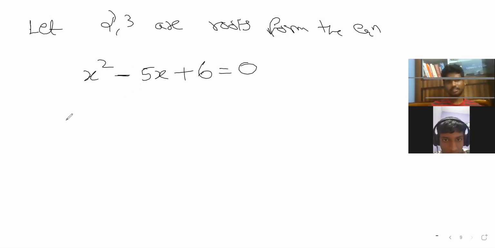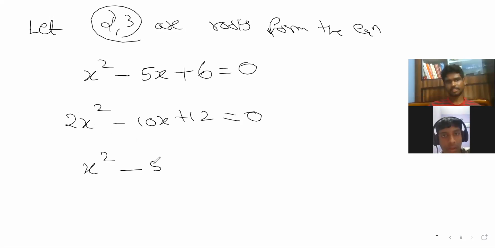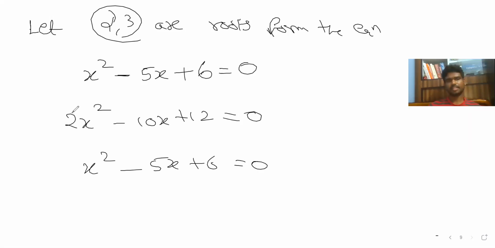Now, if I write this as 2x square minus 10x plus 12 equal to 0, then also I will get the same roots, right? Why? Because if you simplify the equation, you divide by 2 and you get the same thing, x square minus 5x plus 6 equal to 0. That's why they multiplied with k over here, just to show that it can be of this form or any other multiplicative form; you will get the same roots.